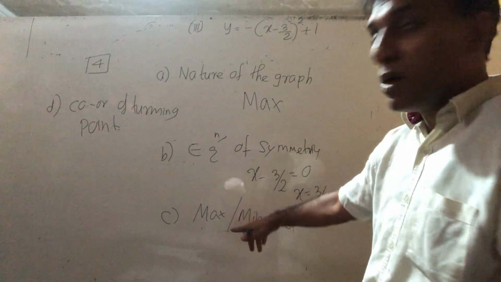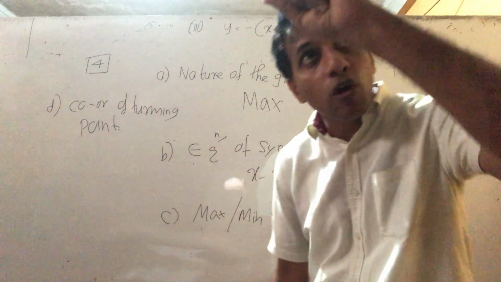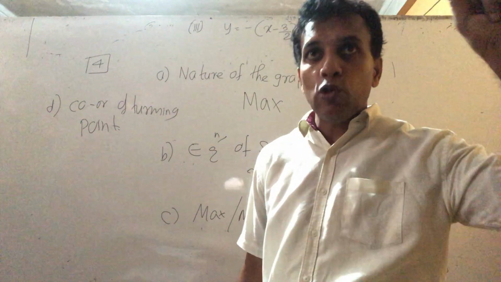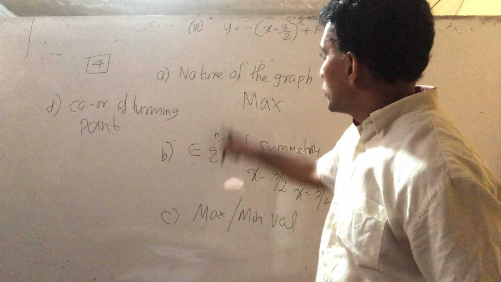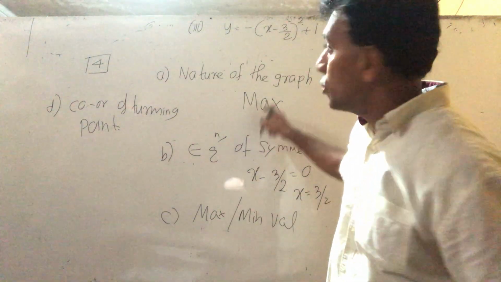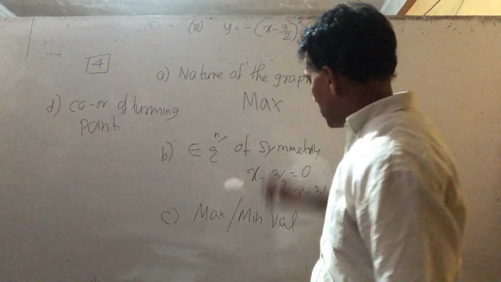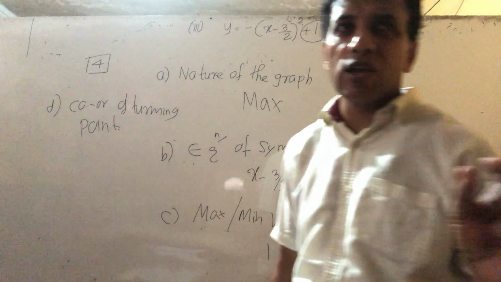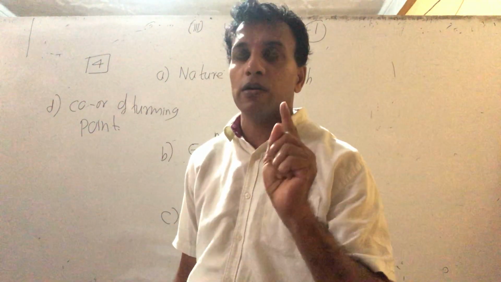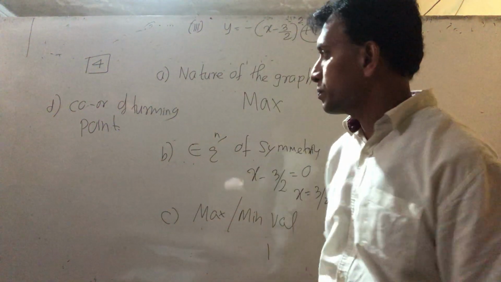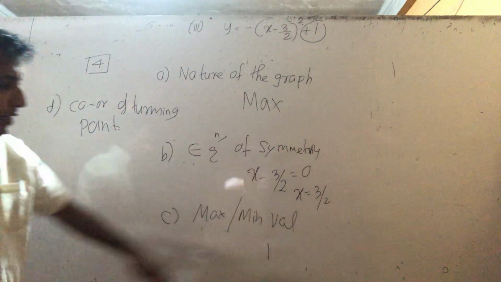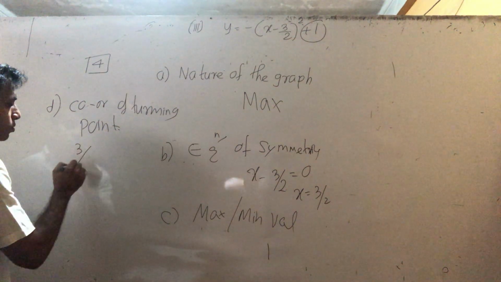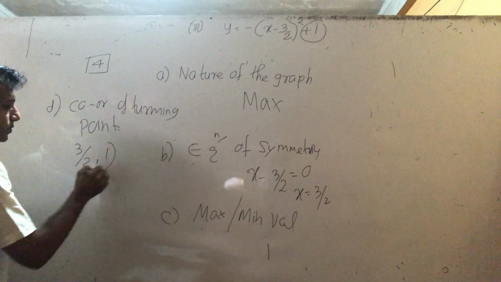So what is the maximum or minimum value? That means the y coordinate. Maximum value means the y coordinate, or minimum value means the y coordinate. We mentioned the maximum value, therefore it is 1. Don't write y equals anything, only the numerical value. So the coordinate is x coordinate, y coordinate: (3 over 2, 1).